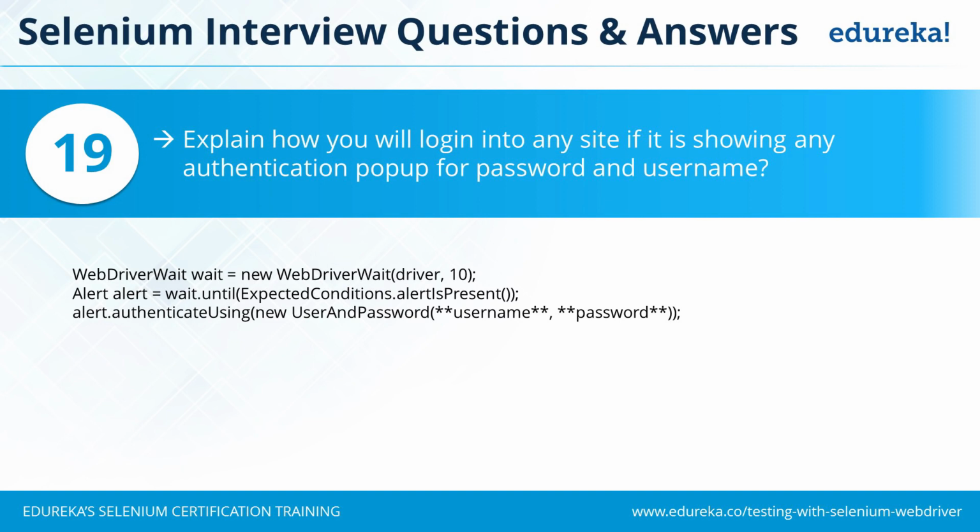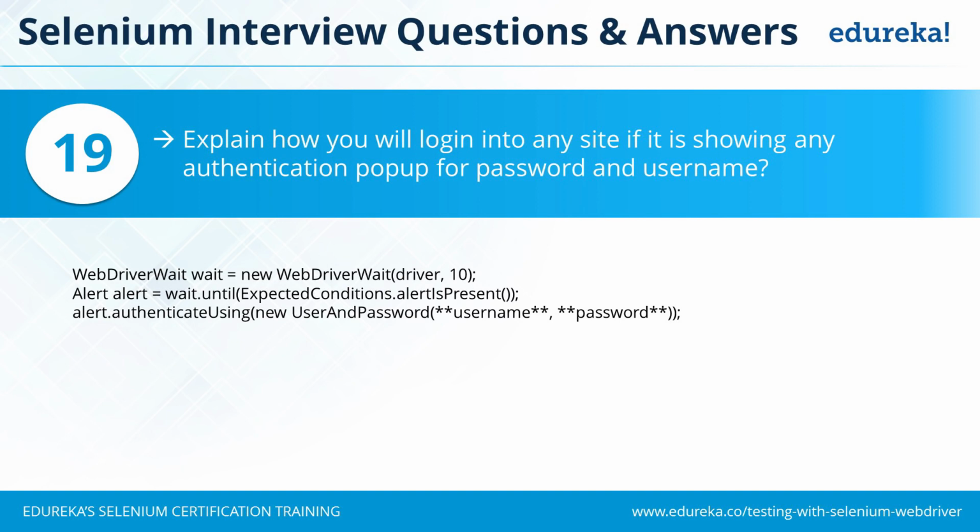To do so, we will first of all be using the explicit wait, wherein we specify the condition that alert is present. That is, we want to verify that yes, the alert is definitely present, and only if the alert is present, I want to pass on the values of my username and password so that I can log into the site and continue performing my operations. So WebDriverWait wait is equal to new WebDriverWait of 10 seconds. Alert alert is equal to wait.until ExpectedConditions.alertIsPresent, that is, the pop-up is being displayed.